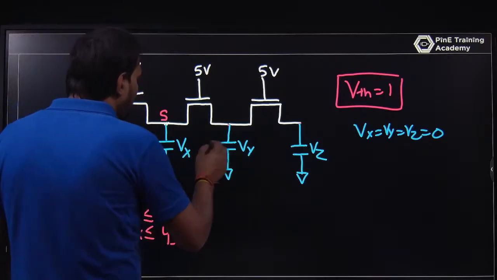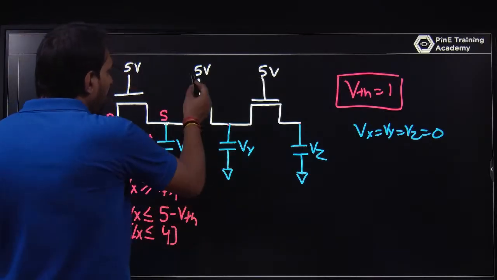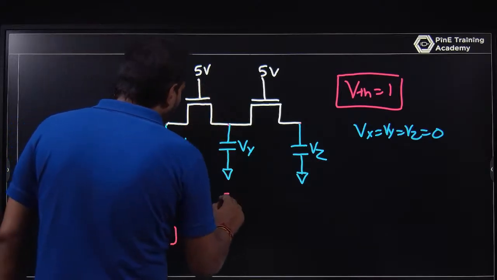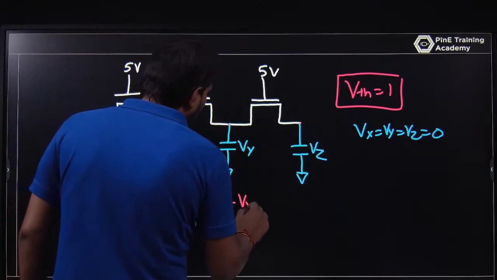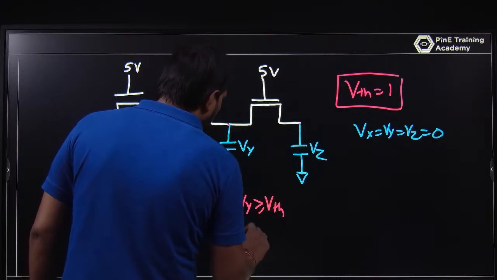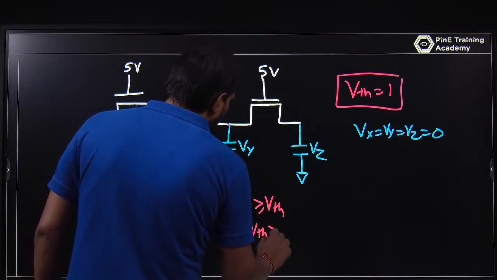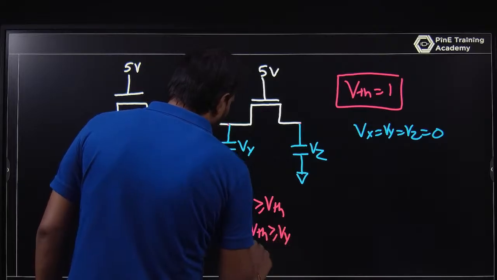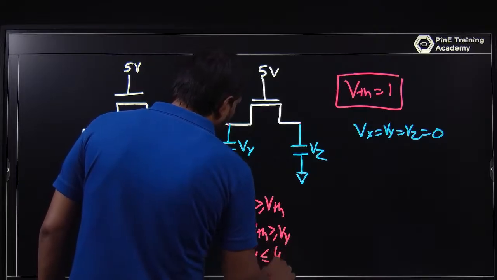Similarly here, what is Vy? If you are looking at it, 5 minus Vy is greater than or equal to Vth, so 5 minus Vth is greater than or equal to Vy, so Vy is less than or equal to 4 volt.